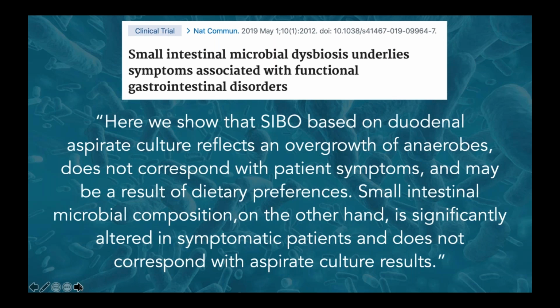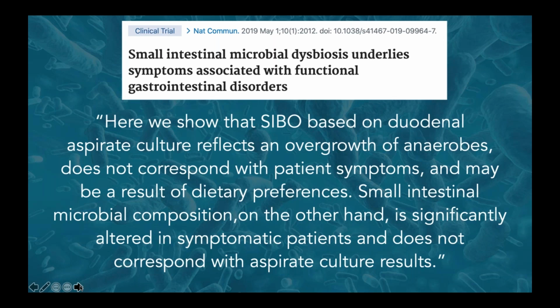I'm just going to highlight a couple of these real quick here and then start to take questions. So there's just one example of several studies that have come out in recent years that have called into question some of the assumptions about SIBO and SIBO testing. This one is titled Small Intestinal Microbial Dysbiosis Underlies Symptoms Associated with Functional Gastrointestinal Disorders.